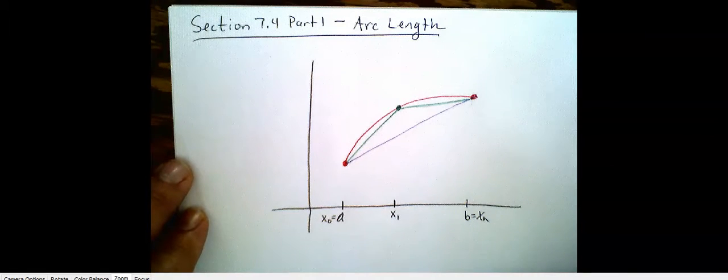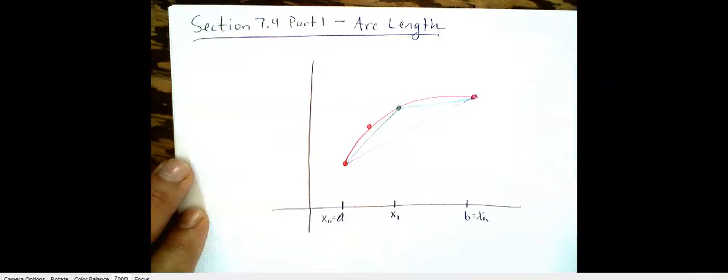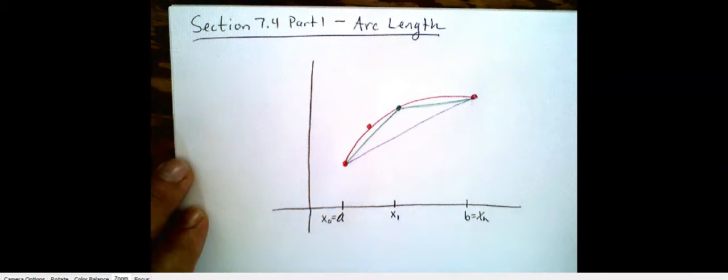You can see again that it's probably a better approximation than the one before, but it still doesn't get to the heart of the true arc length. So you guessed it, we can just make more and more points and draw these line segments, right? So if I have a point, let's say right here and right here, let's call that x1.